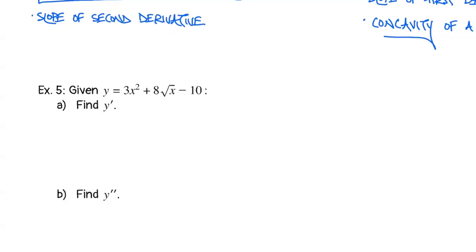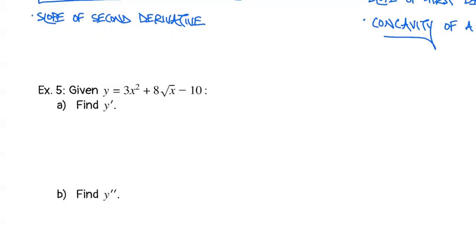And so in example 5, we're given y equals 3x squared plus 8 square root of x minus 10. And in part A, we're asked to find y prime. And so before we find y prime, do we think we should rewrite this one, or are we okay to move on and take derivatives? What are our thoughts?